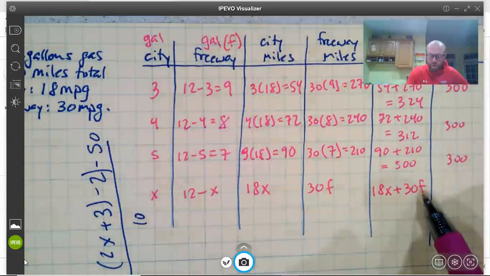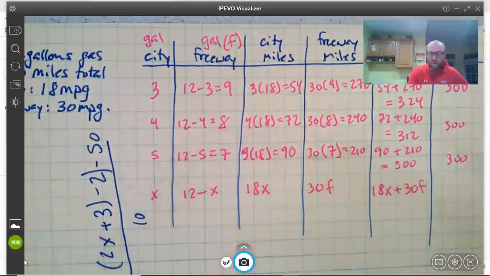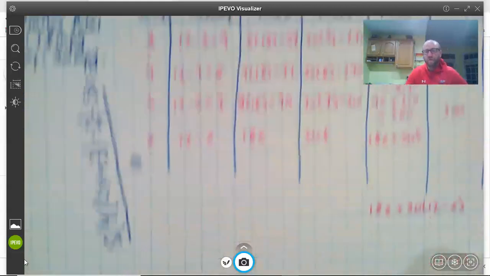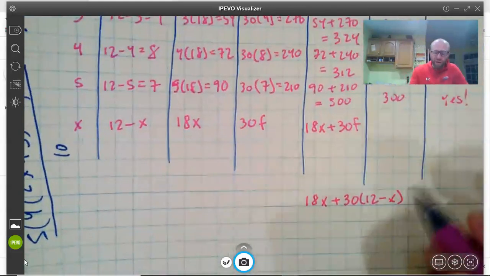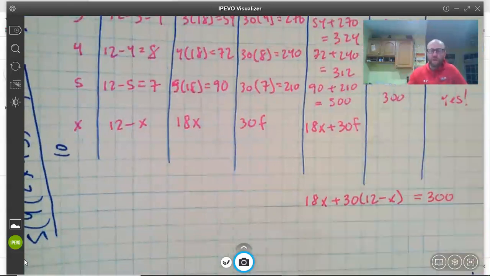The problem here is I really don't want this F in here, but I can replace F with 12 minus X. So I could do 18X plus 30 times (12 minus X). Now I'm getting somewhere. And all of that should equal 300 when we've got the right amount.